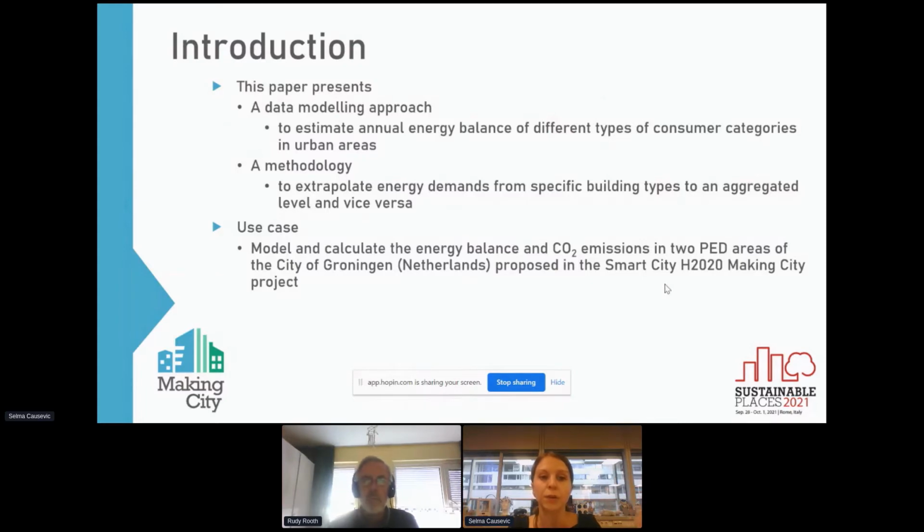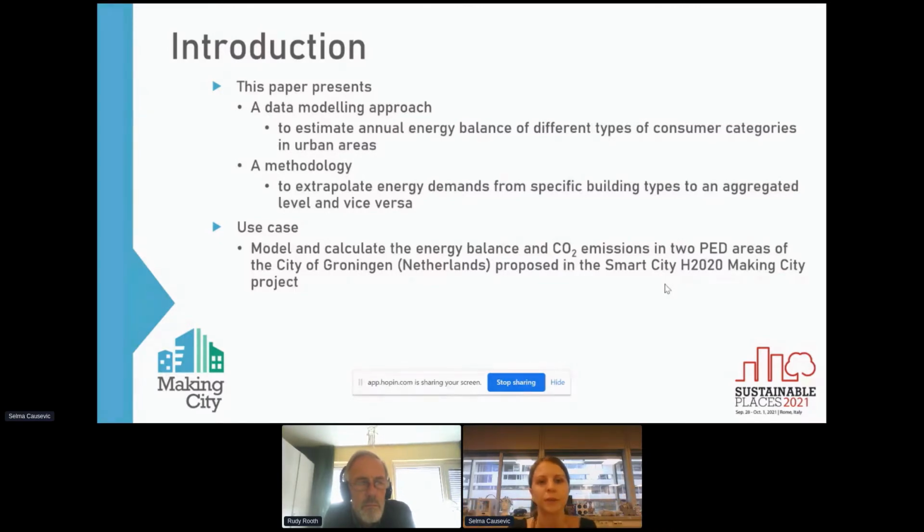Then we wanted to see if we can go the other way around, where we have individual interventions and extrapolate them to the level of a district in order to see what the impact of the different demands and interventions is on a district area. How it impacts energy balances, CO2 emissions, for example, and the positivity, let's say, of a certain urban environment.